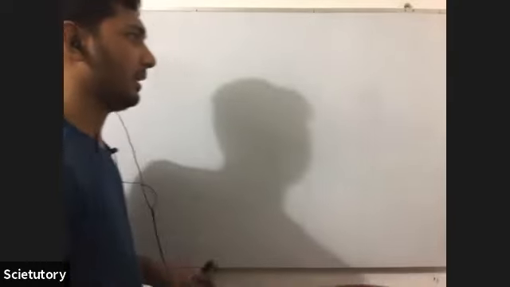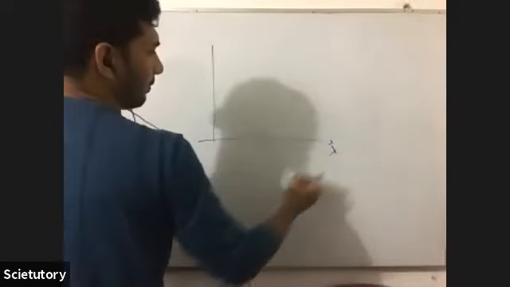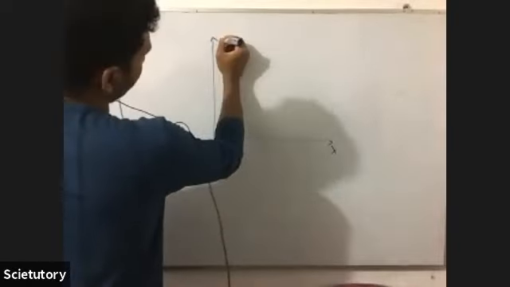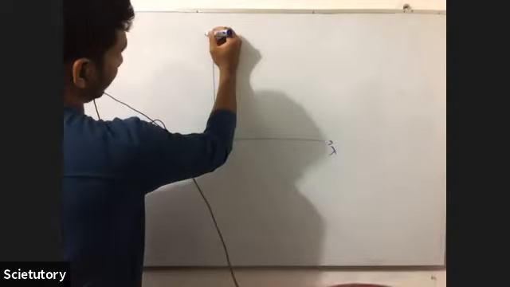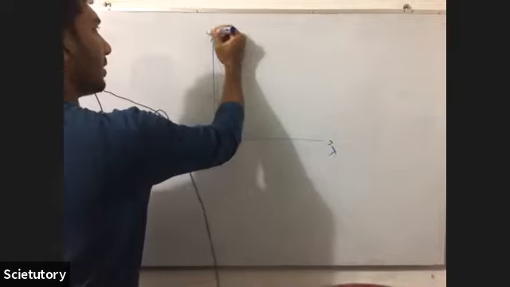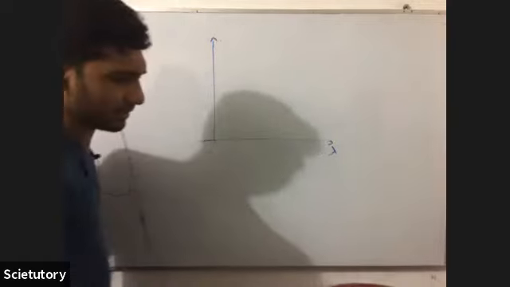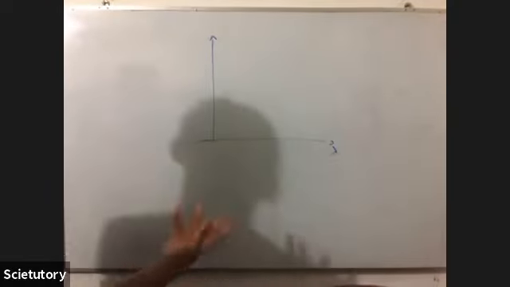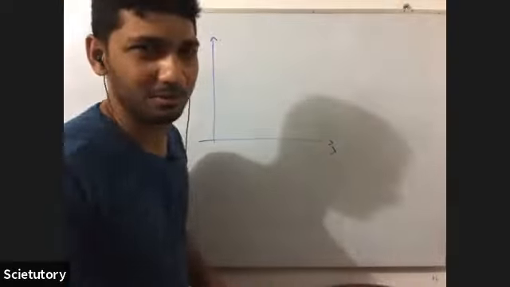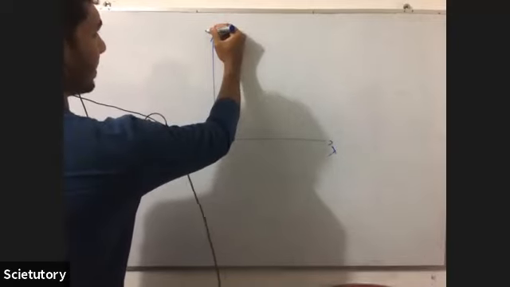Okay, so if you graphically put forward the distribution of different wavelengths from a black body for their, what do you call that? For their intensity of the radiation.